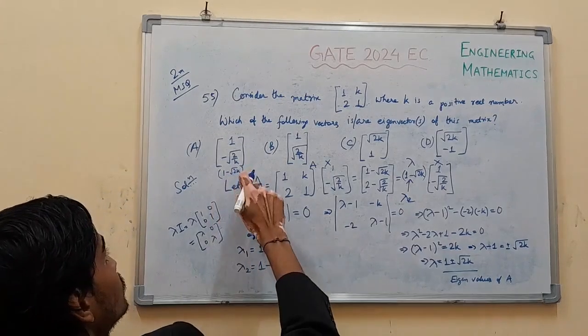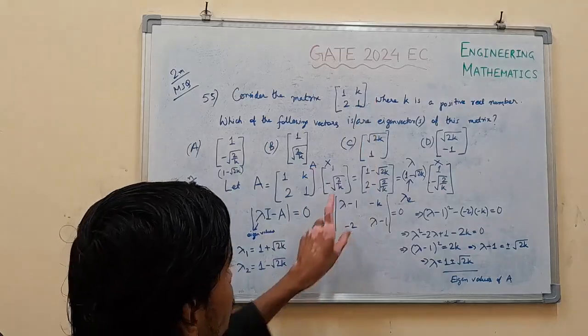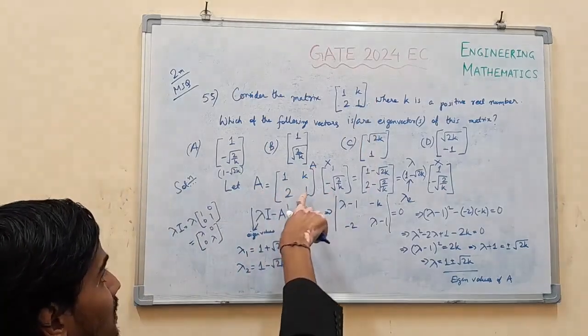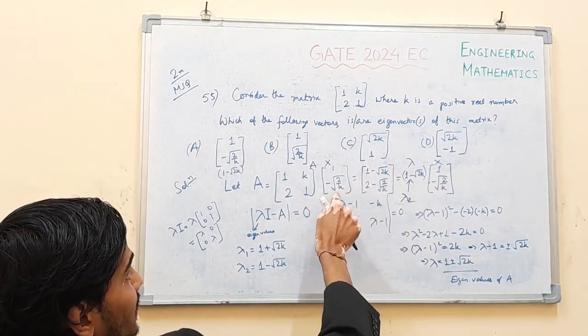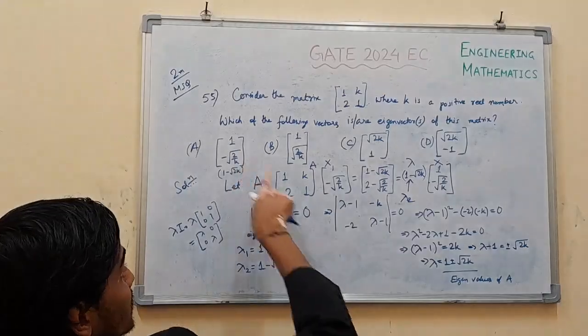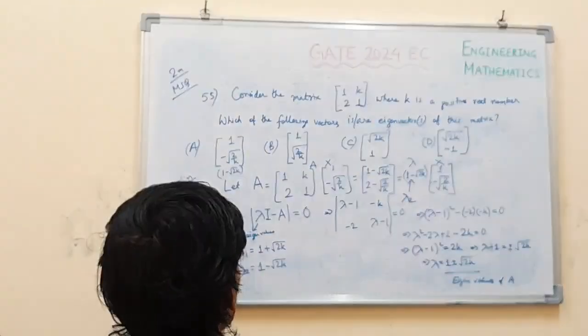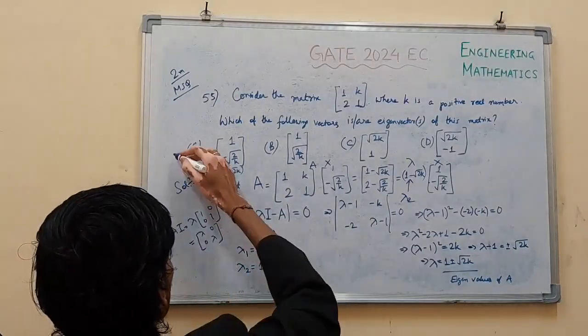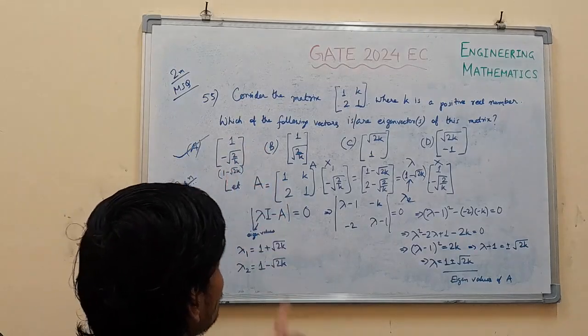Corresponding to this eigenvalue, the eigenvector is this, for the matrix 1 k 2 1, as I've shown. Ax equal to lambda x. This is the x or eigenvector, and lambda is 1 minus root 2k in this case, which is lambda 2, the second eigenvalue. So 1 and minus root 2 by k is one of the eigenvectors.